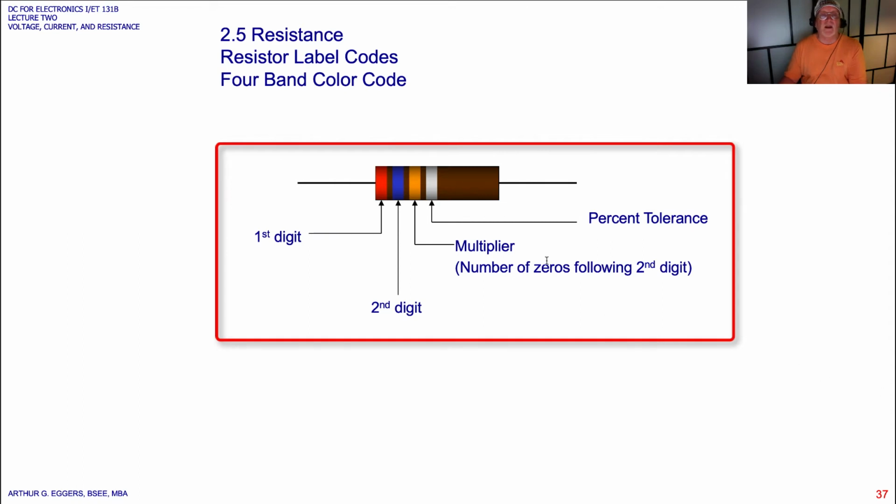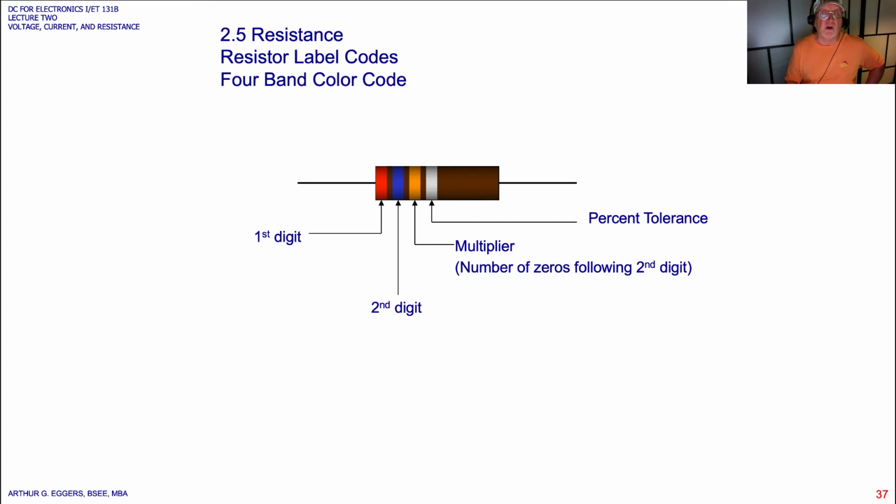On the far left side, the first digit is designated by the color red, the second digit by the color blue, the third band becomes our multiplier, the number of zeros following the second digit, and finally a silver band gives us a tolerance, whether it's no tolerance, 5%, or 10%. We're going to start developing that and understanding how to quickly read the color codes and determine how big or small a resistor we have.